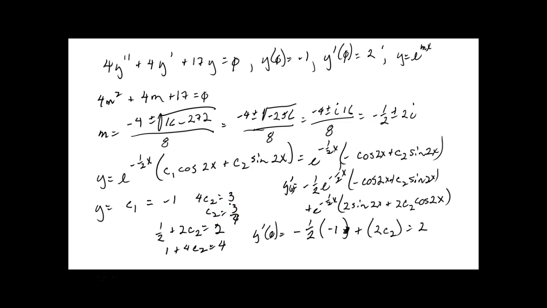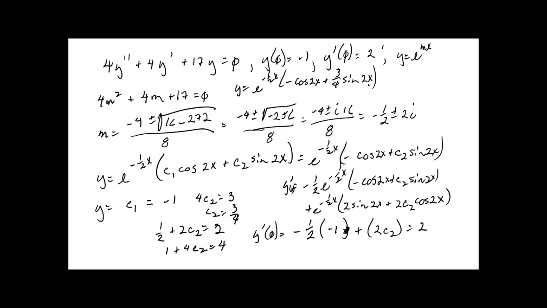Perfect. So now our solution is y is equal to e to the minus 1/2 x times minus cosine 2x plus 3/4 sine 2x.